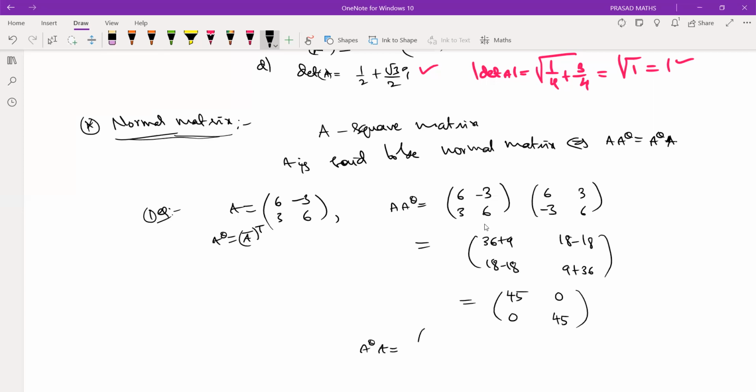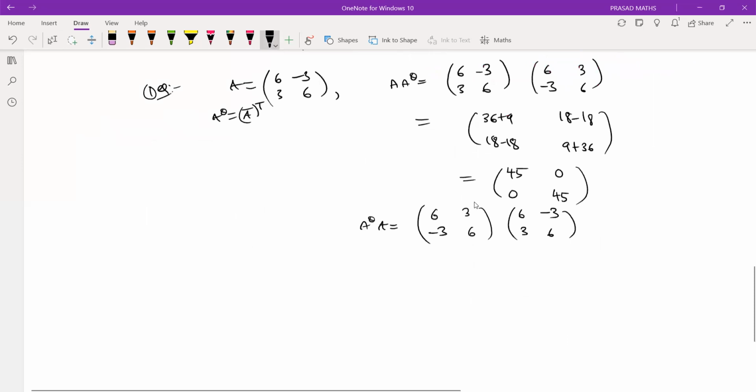Similarly, A theta into A. What is A theta? A theta is nothing but 6, 3, minus 3, 6. What is A? 6, minus 3, 3, 6. So therefore, 36 plus 9, minus 18 plus 18, minus 18 plus 18, 9 plus 36.